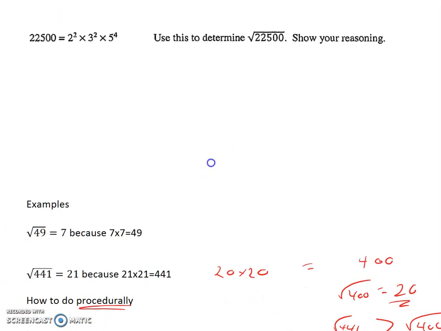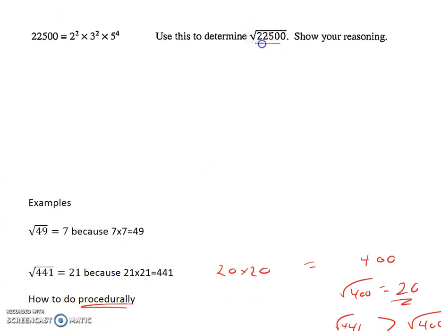Okay, so we want to find the square root of 22,500. Okay, so if I know that 22,500 can be written as 2 squared times 3 squared times 5 to the 4, I could write that out more fully as 2 times 2 times 3 times 3 times 5 times 5 times 5 times 5.